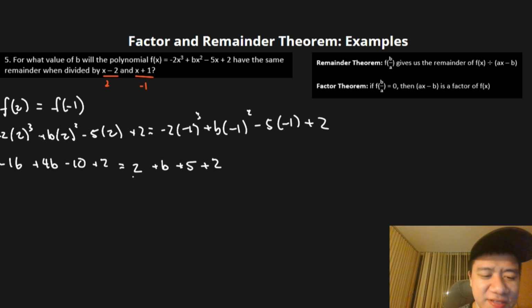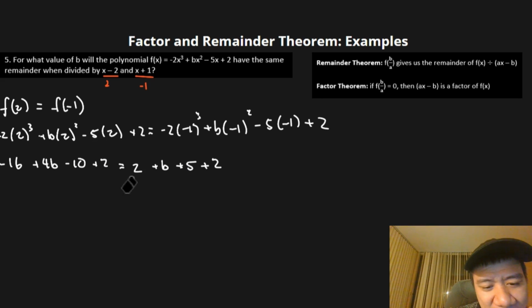Okay, if we step back, we have a bunch of numbers. We also have b as a variable. So this is just like a normal linear equation where we just need to put all the variables on one side, all numbers on the other side, and we can solve for b.